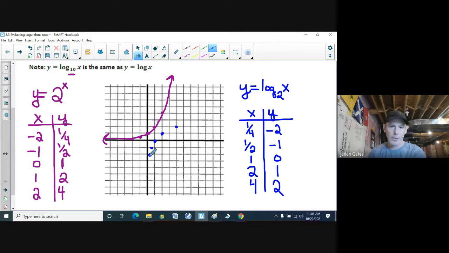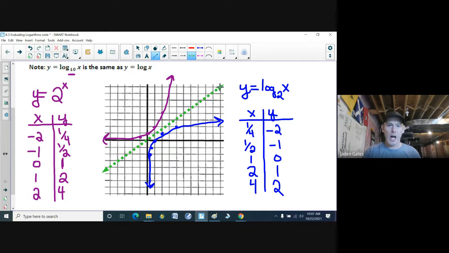So there's our logarithmic function right there, a sketch of it anyways. And again, when you have an inverse, this is something we didn't talk about much, it's a reflection, the inverse of any function is the reflection across the line y equals x, which you can see would be roughly that green line there.